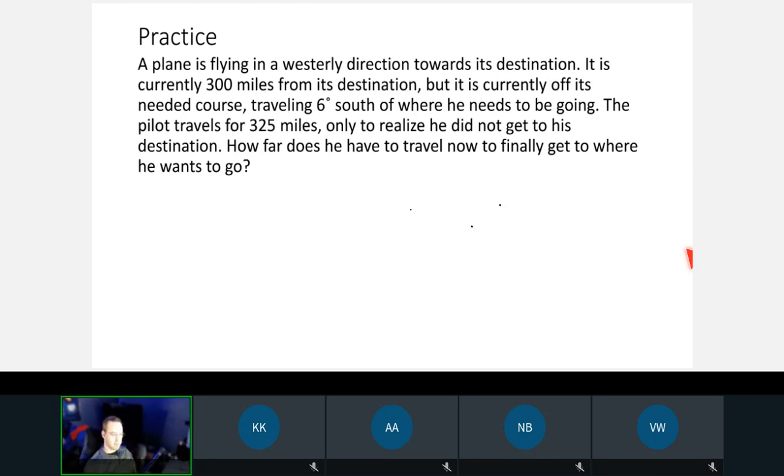Volunteer to draw what their diagram looks like. Nobody wants to volunteer. Well, Lloyd volunteered. Go for it.